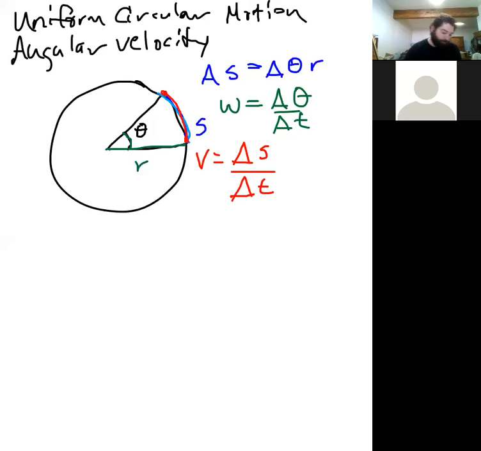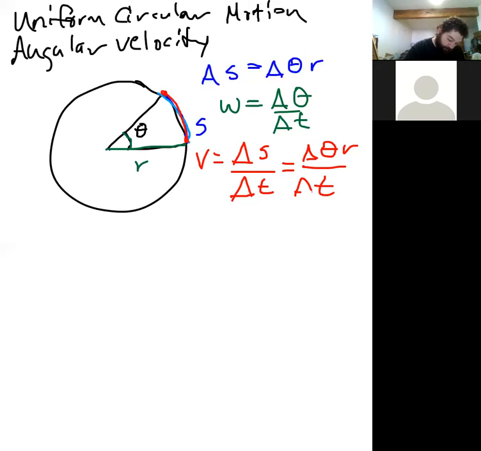But we know that delta S is going to equal delta theta R over delta T. And we know that delta theta over delta T is equal to omega.